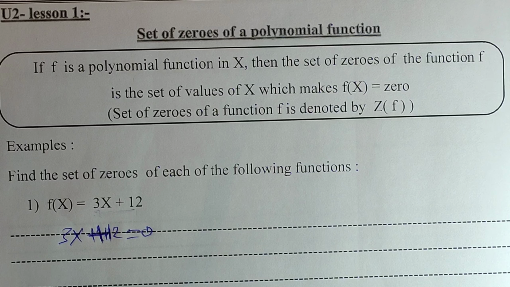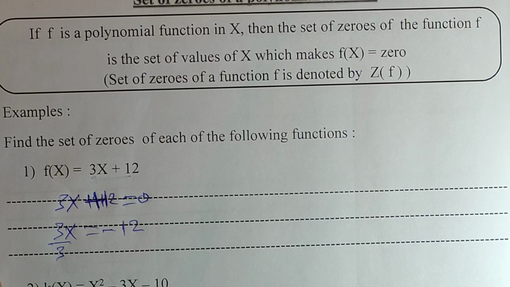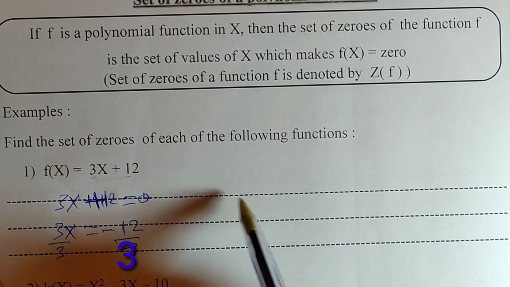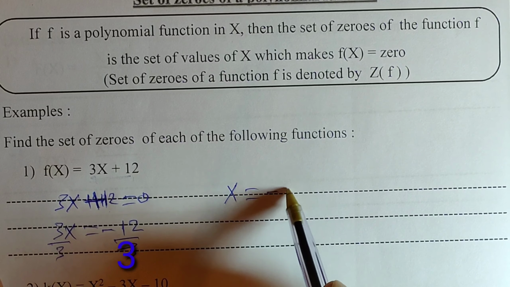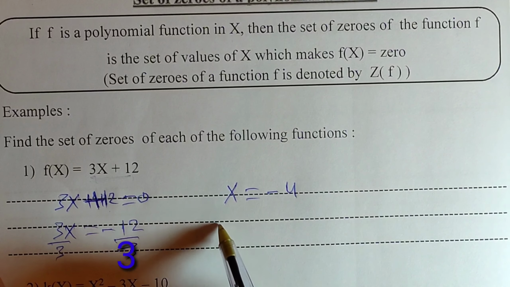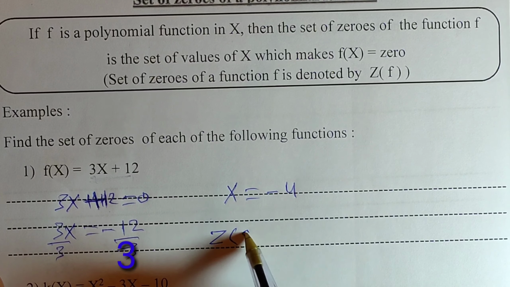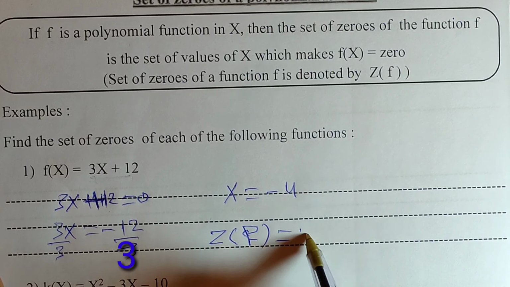So 3x plus 12 equals 0, then 3x equal negative 12. We can divide by 3, here divided by 3, then x equal negative 4. Okay, so this means that z of f equal negative 4.